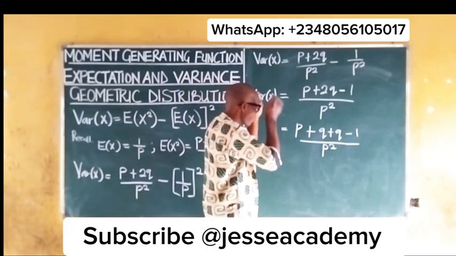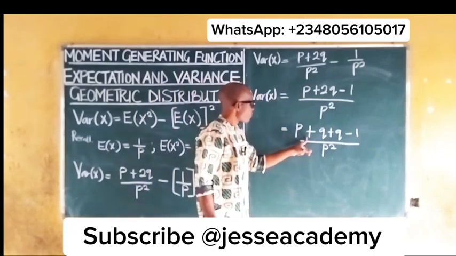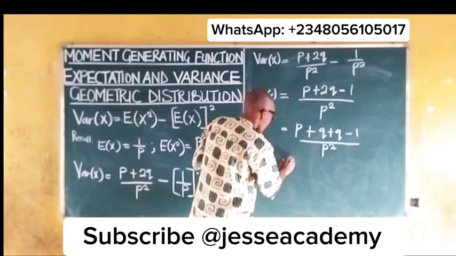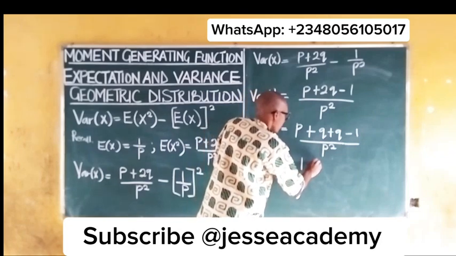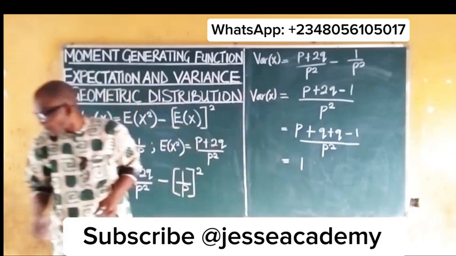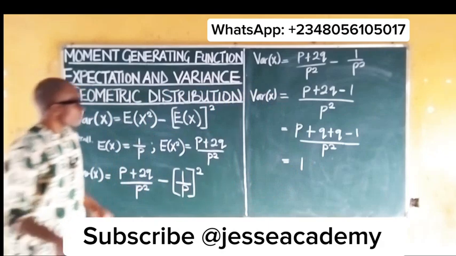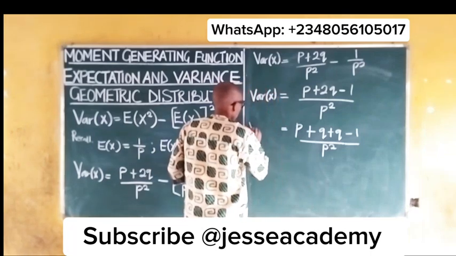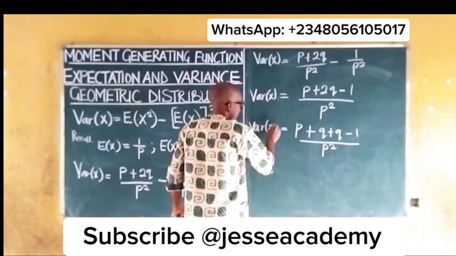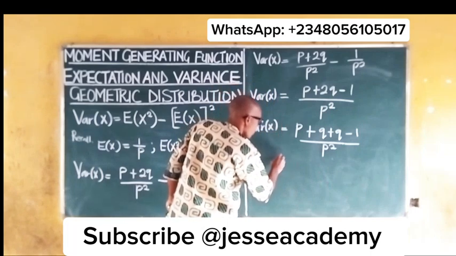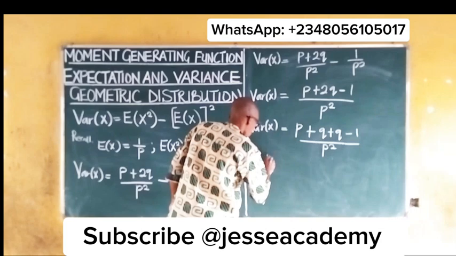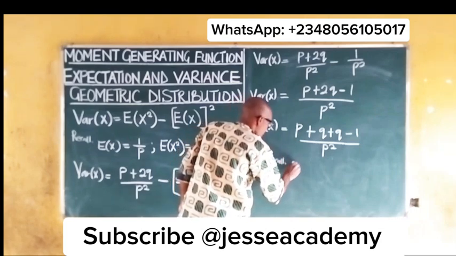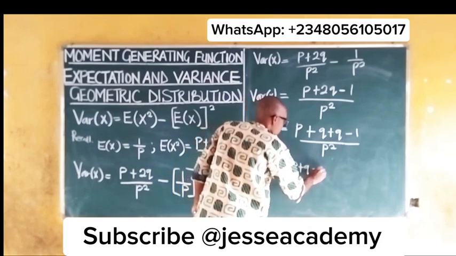Now, we know from probability that P plus Q is equal to 1. Okay, let me write it out. This is our variance of x. From probability, we recall that P plus Q is equal to 1.